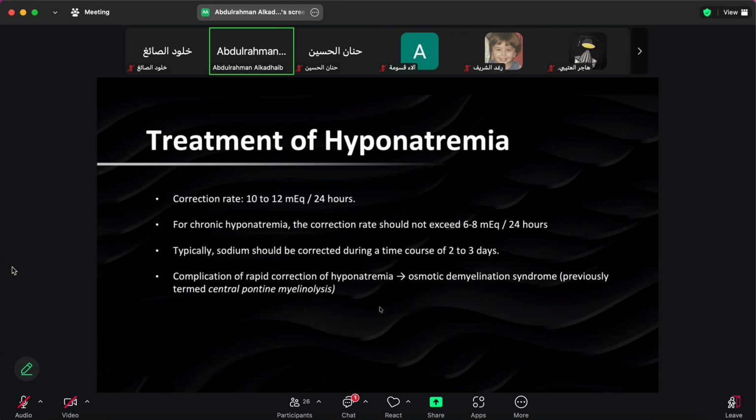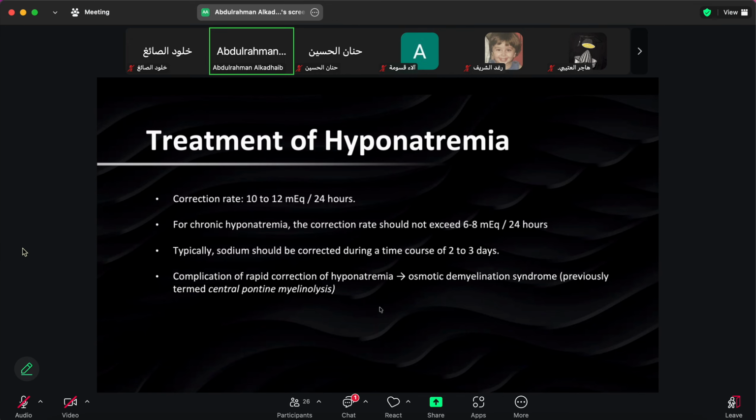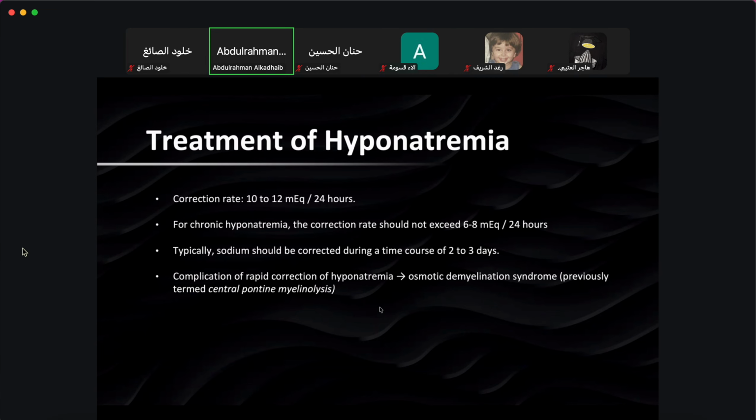So the previous name for this condition is central pontine myelinolysis, and the new name is the osmotic demyelination syndrome. For the ones who said arrest, yes, cardiac arrest may be the final result of this syndrome if it was not treated rapidly.